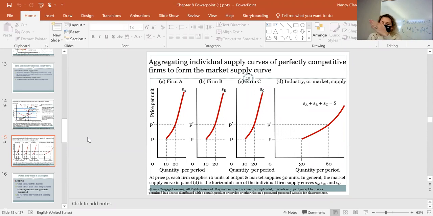If every firm has a similar firm supply curve and each firm would give you 10 at price P, just multiply it. If one firm is going to give you 10, then how many is 100 firms going to give you at price P, right? Just do the multiplication. 10 times 100, sorry, I know you guys can't see that. So at whatever price they give you, take the quantity one firm would give you and multiply it by the number of firms in your market. And then that's how you're going to plot your industry or market supply. Any questions on that?